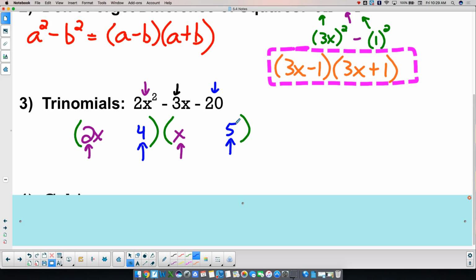So really what we do here is I'm looking at, let me go with red here. I have to multiply those two together, and that got me 4x. And then I have to multiply these two together, and that got me 10x. And somehow between those, adding or subtracting, I have to get down to 3. Right? Can't do it. So then, we got to flip them.